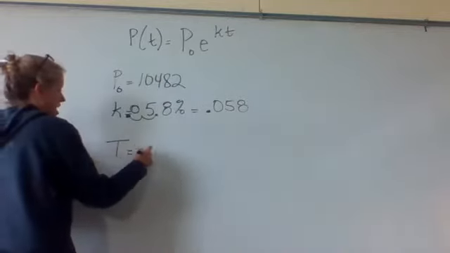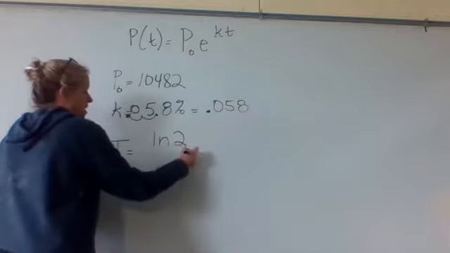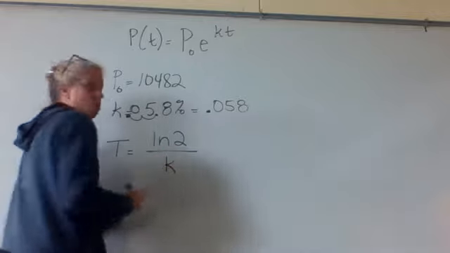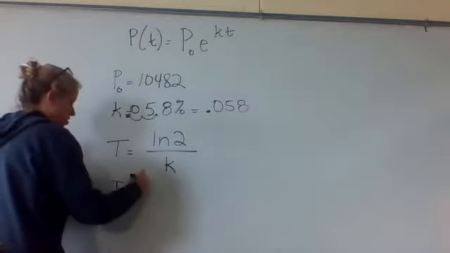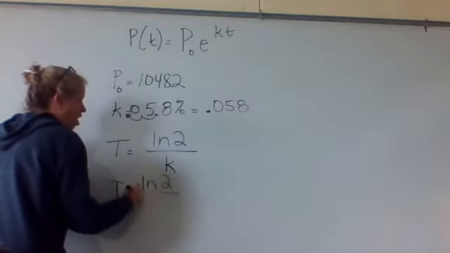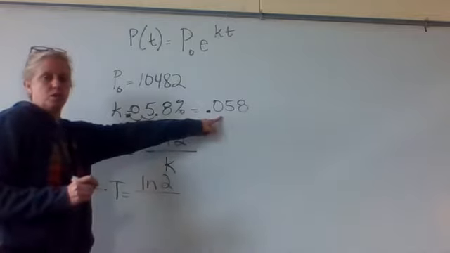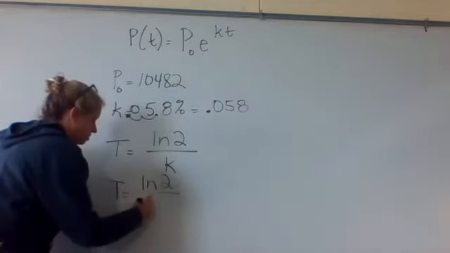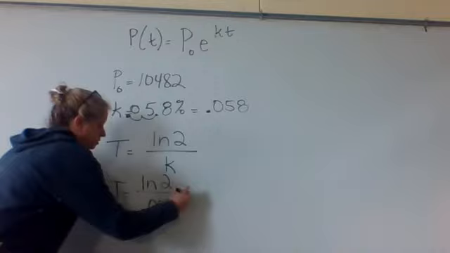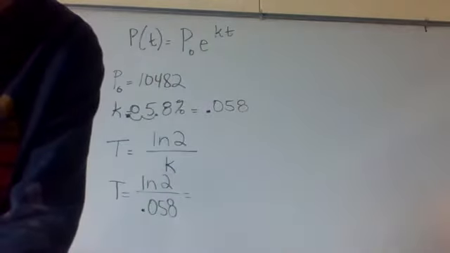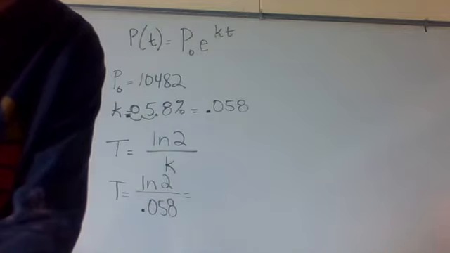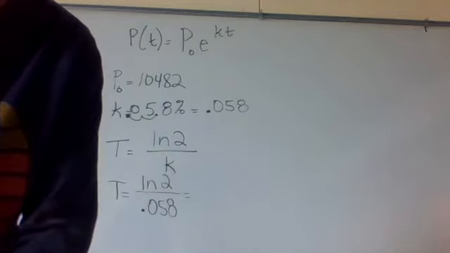The doubling time is always ln of 2 over whatever the rate is. So for this one, it would be ln 2 over 0.058. Put that in your calculator: ln 2, close, divided by 0.058.